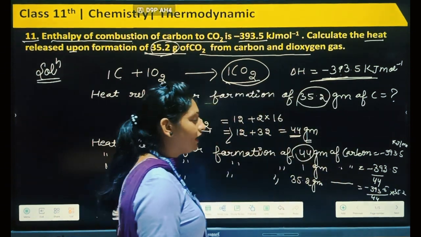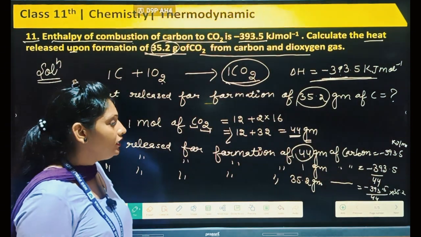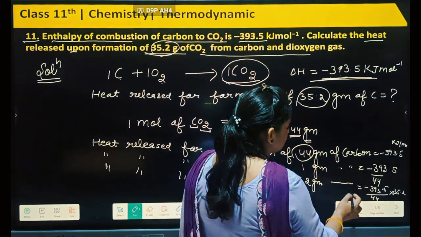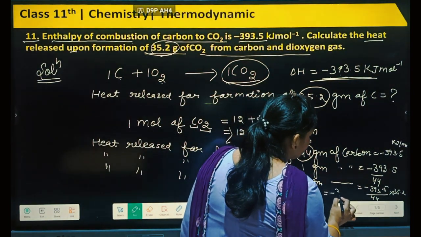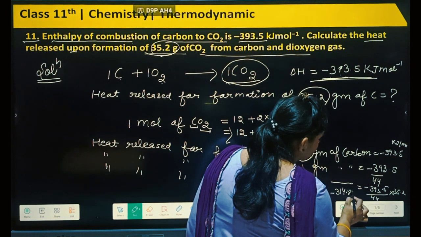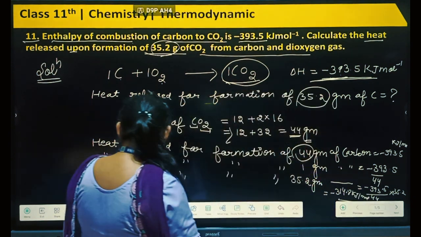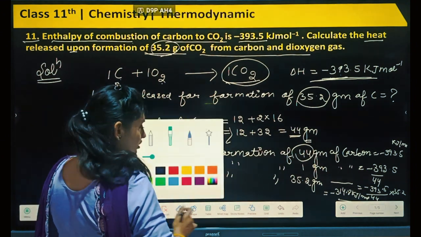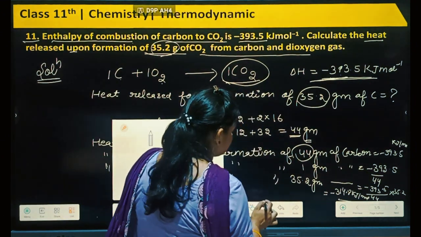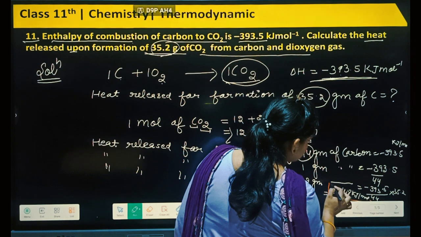So students, you will calculate this. After calculation, you will get your answer. I think it is around 314.8 kilojoule. Okay students, you will solve this. This one is the answer.